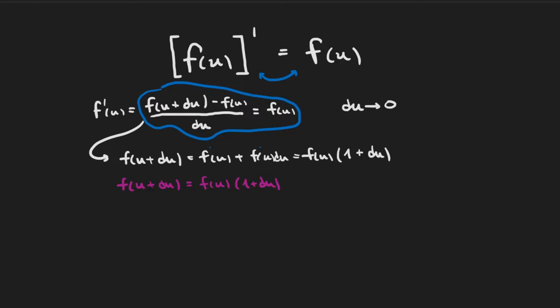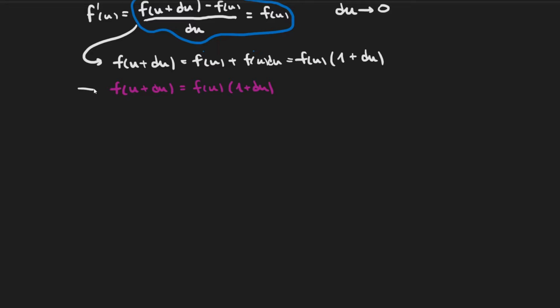What happens if we evaluate this function at x equal to 0? We get f(dx) equals f(0)(1 plus dx). Another evaluation, at dx, gives us f(2dx) equals f(dx) times (1 plus dx).